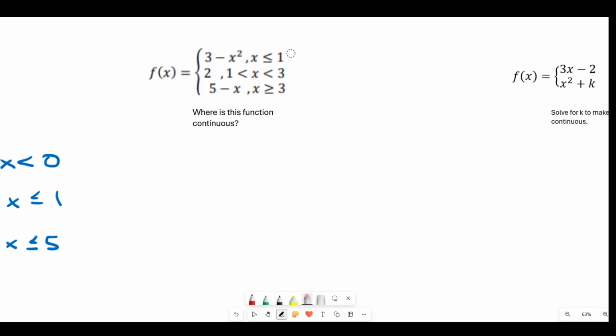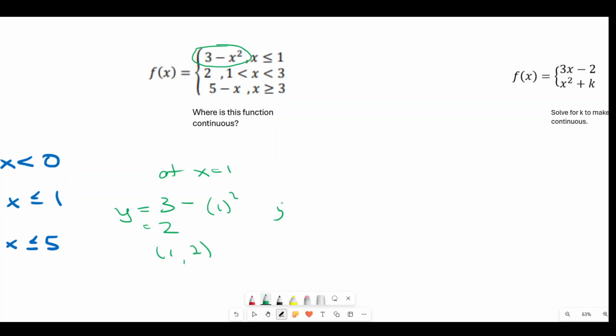So what we can do is just find what happens at 1. So at x equals 1, this function is going to end at the point y equals 3 minus x squared. So y equals 2. So the top function finishes at the point 1, 2.